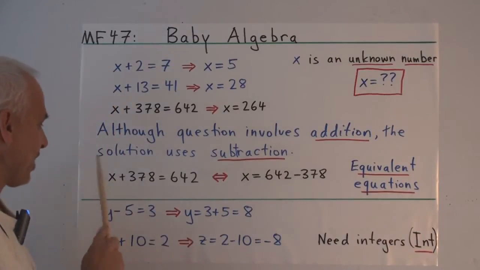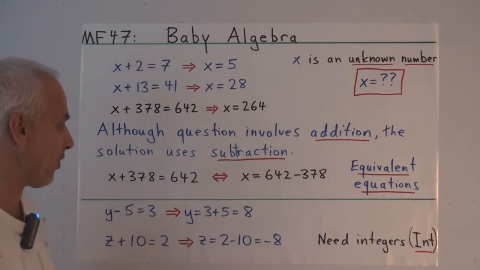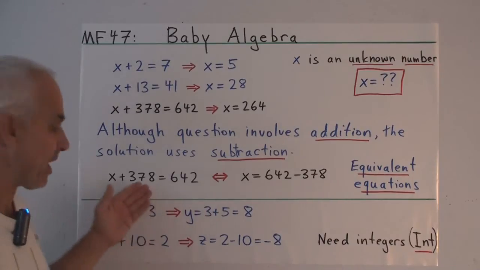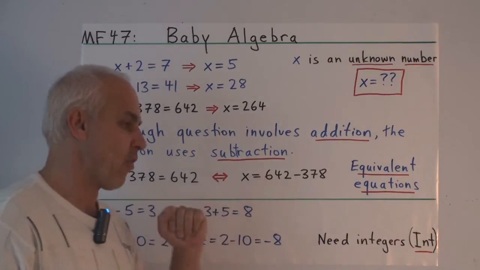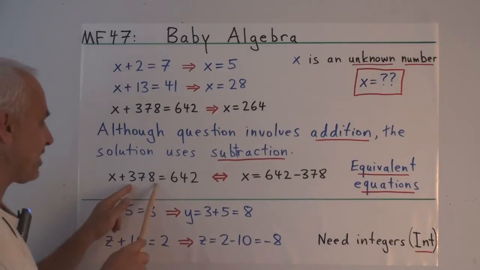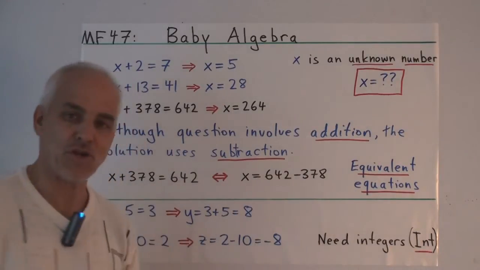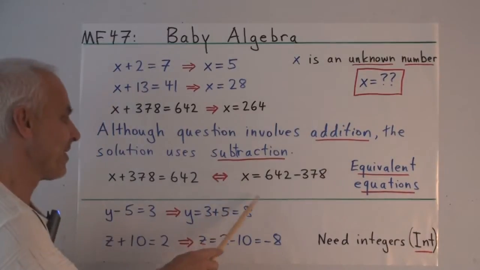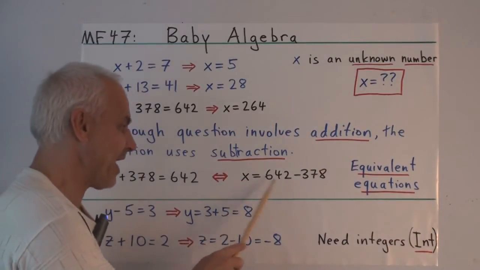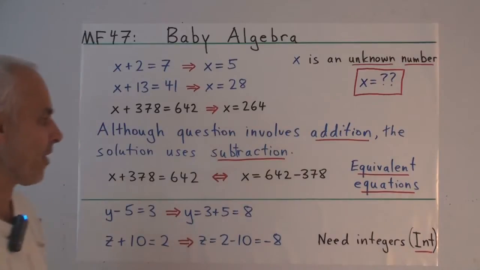So if we start off with X plus 378 equals 642, the way we solve that is by rewriting that equation in this form. We bring the 378 on this side to the other side where the plus sign turns into a minus sign. So that's how we can then calculate that X equals 264.